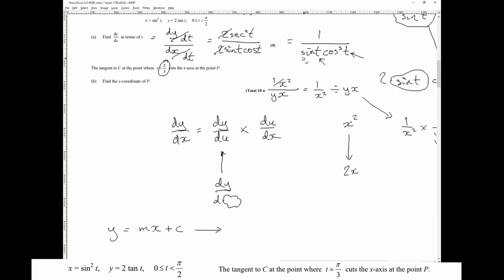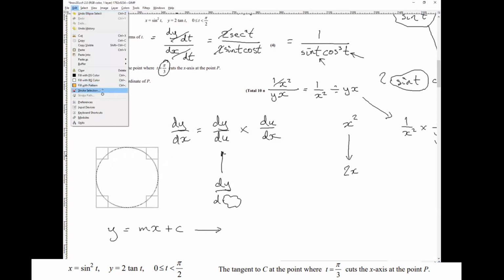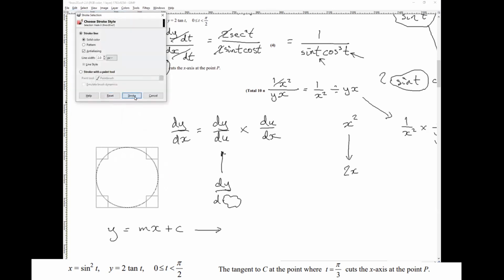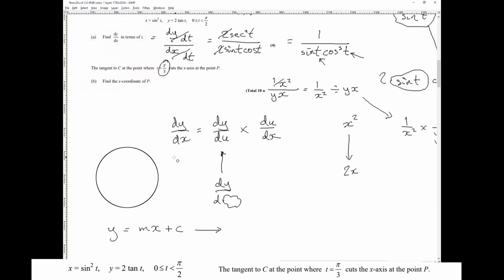Okay, so taking each in turn, what's sine of pi over 3? Which time on the clock is pi over 3? We start at 3, up to 9 would be pi.